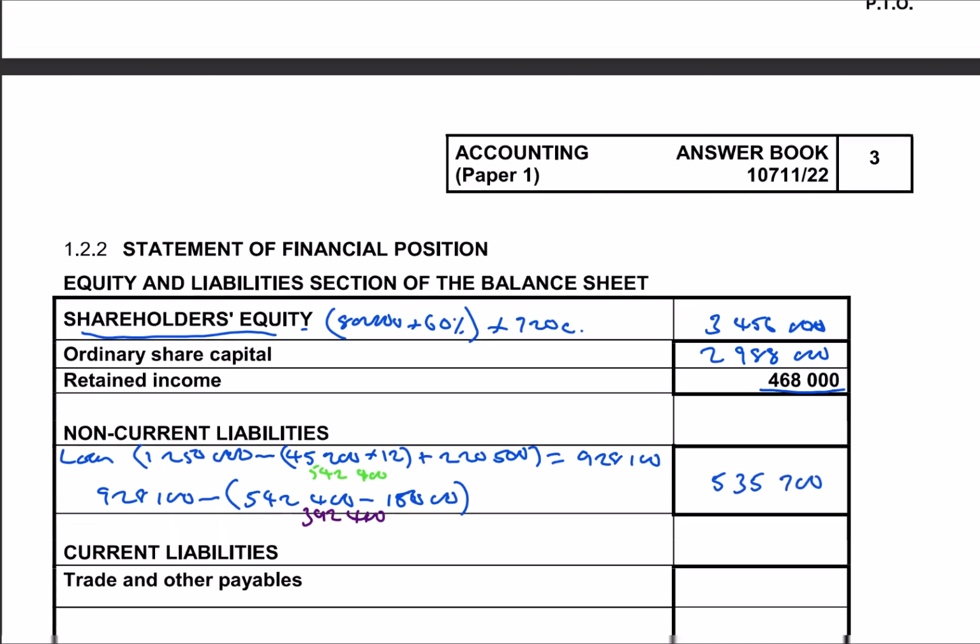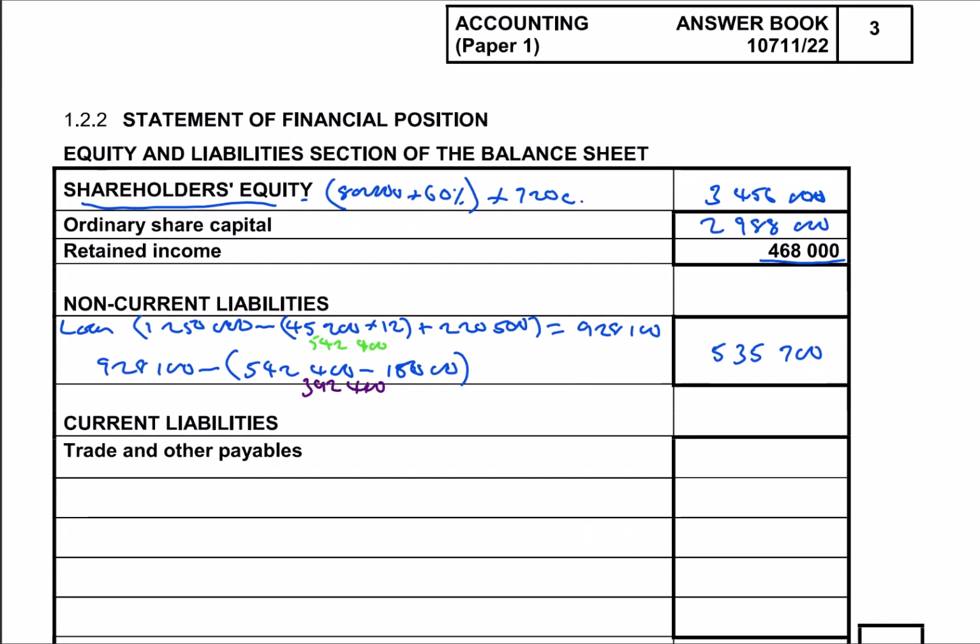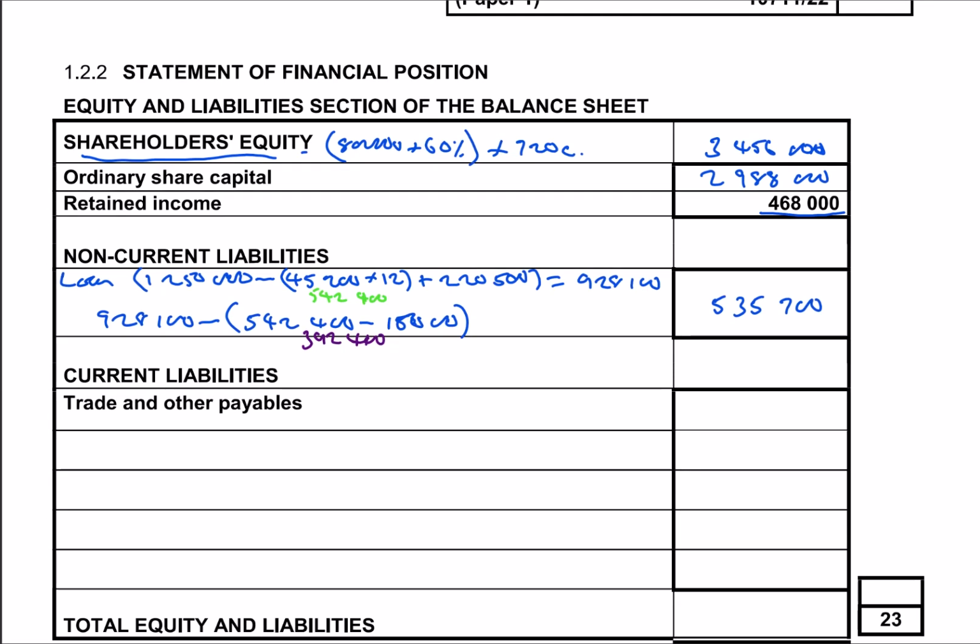Then that's your long-term loan. Then you go to current liabilities, trade and other payables.